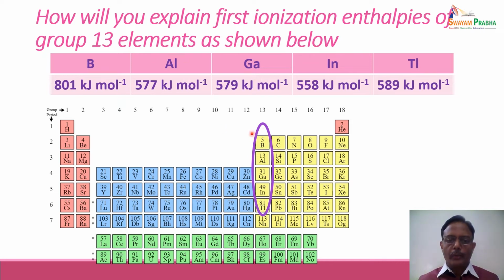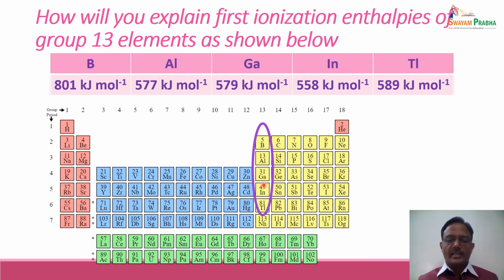The atomic number of boron is 5 and that of aluminium is 13. So there is an increase in the nuclear charge by 8. Whereas from aluminium to gallium, there is an increase in nuclear charge from 13 to 31, that is an increase by 18.